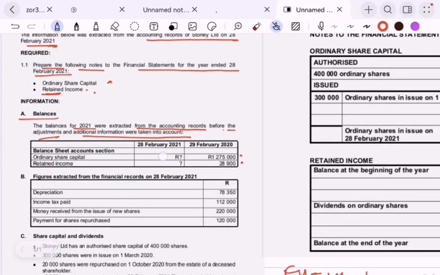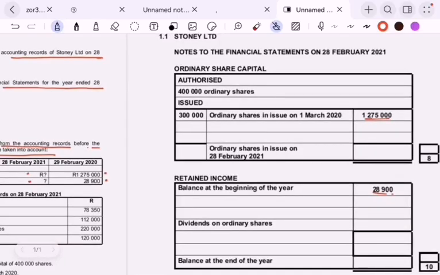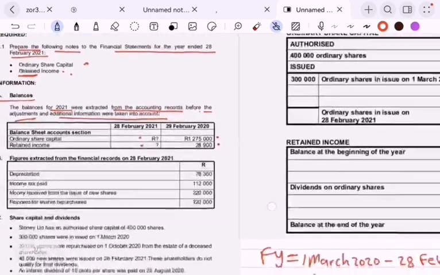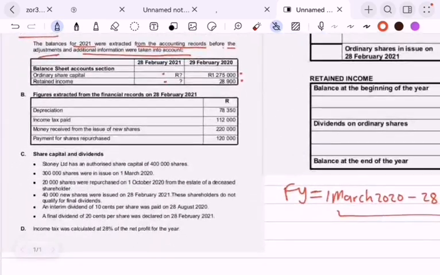Now the problem comes on the other side. This now needs deeper intervention. So we first start with the ordinary share capital. Let us go straight to our share capital and hear what's happening. They sent us share capital and dividends, meaning this information is based on your ordinary share capital together with your dividends.